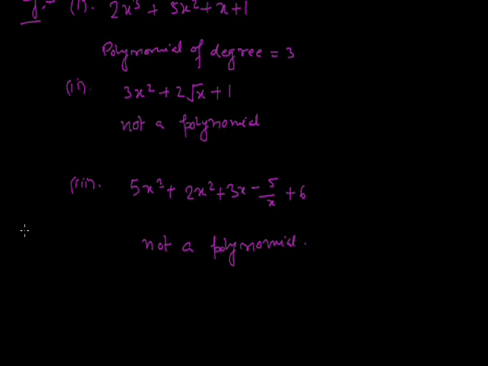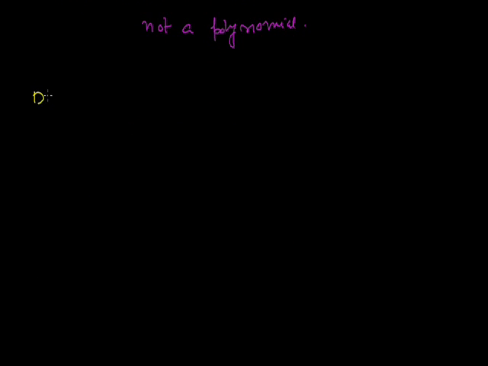Now let's discuss different types of polynomials. The types of polynomials are based on two things: first on the basis of degree, and second on the basis of terms.